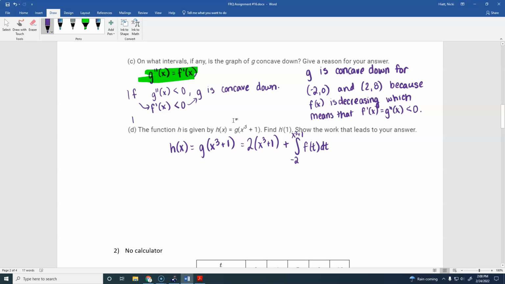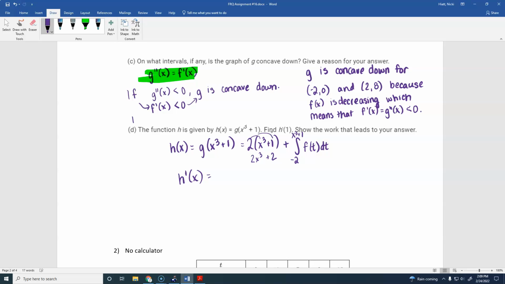Now, you can't figure out h of x, but it doesn't ask you for h of x. It asks you for h prime of x. So, if we're taking the derivative of this, right here, I actually would probably do this. This is 2x cubed plus 2, if we distribute that 2.